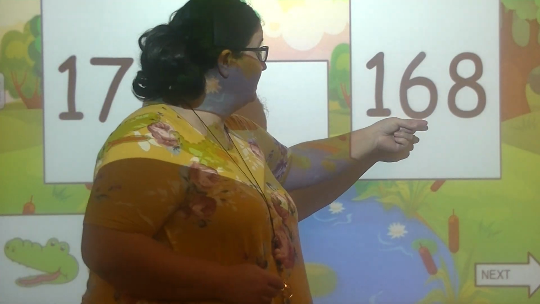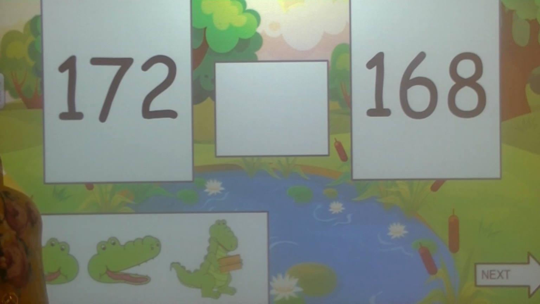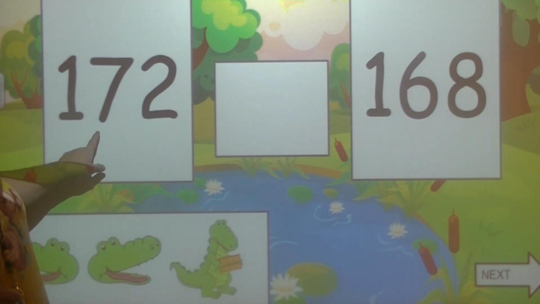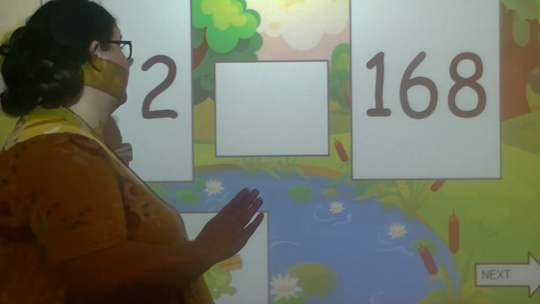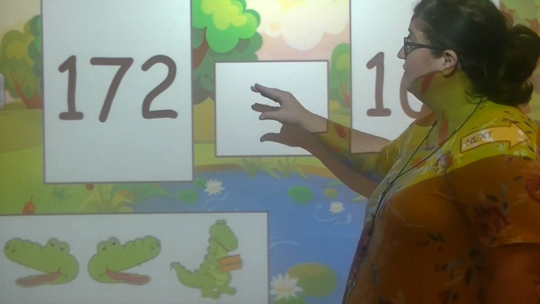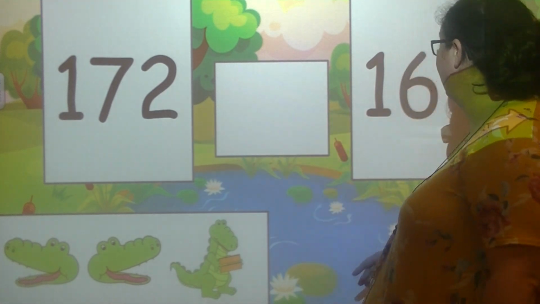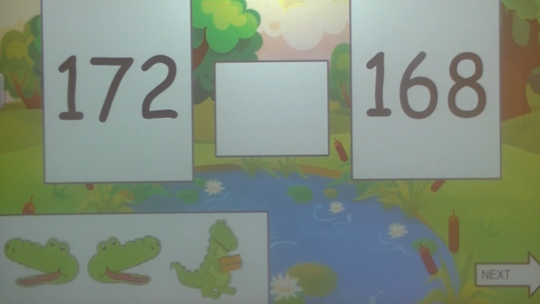We have 6 tens and 7 tens, which is greater? 7 tens is greater. So our alligator mouth is going to chomp the greater number. So it should go this way again. 172 is greater than 168. So let's try it.